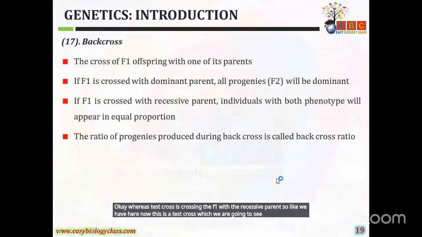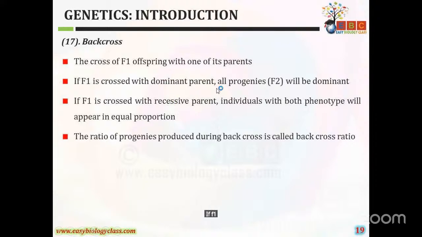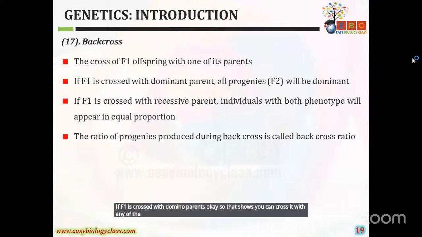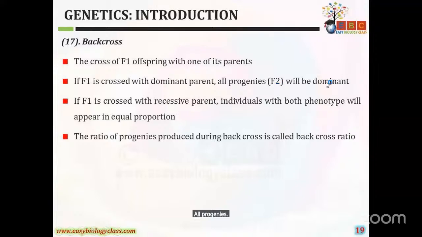So, the backcross is cross of F1 offspring with one of its parents. If F1 is crossed with dominant parents, okay, so that shows you can cross it with any of the parents, whether dominant or recessive. If F1 is crossed with dominant parents, all progenies, that is F2, will be dominant.